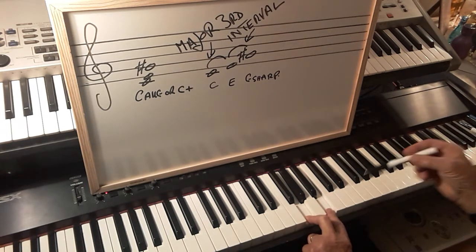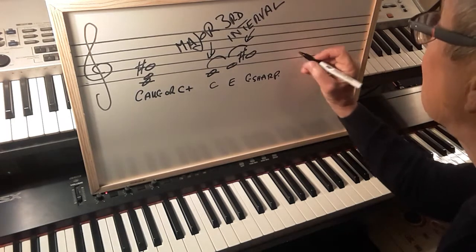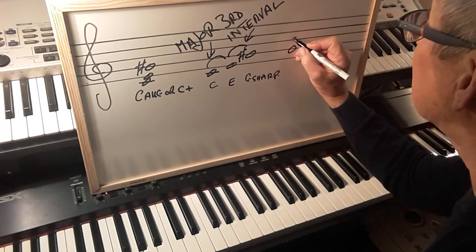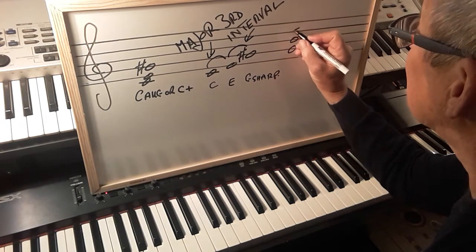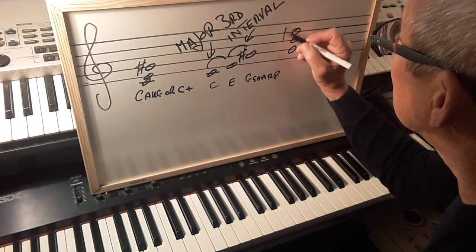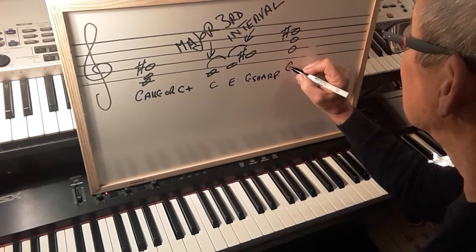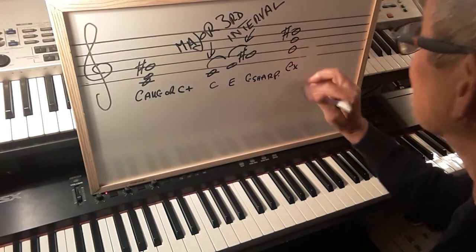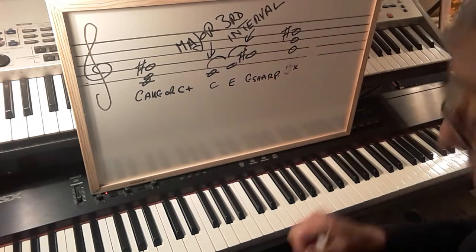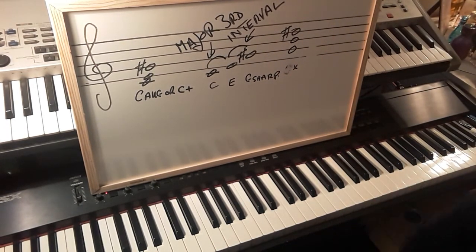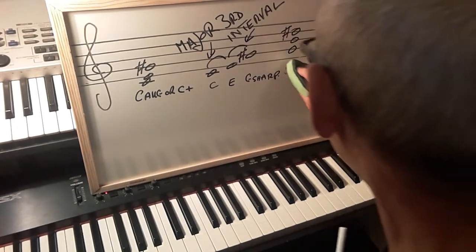So I'm going to write that here. So we've got G, we've got B, and we've got D sharp. Okay, and this is G plus. That's not very good. Can't write with these boards really. Have I lost my rag somewhere? Just get that up there, won't it?